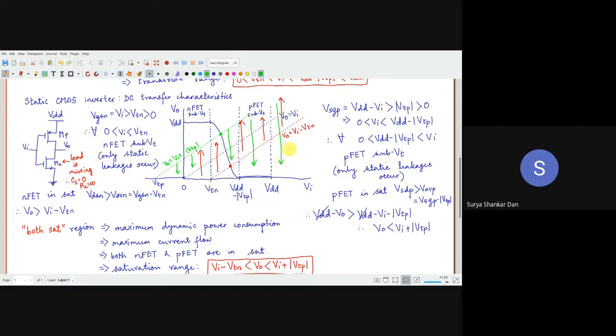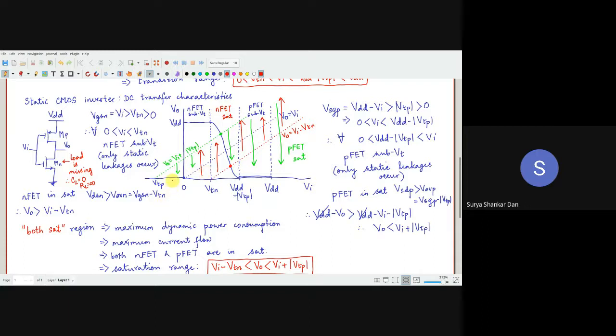This part is PFET in saturation. Notice one thing, this is PFET subthreshold. Subthreshold is an ideal saturation region, so that is also part of PFET saturation. And this part is NFET saturation.